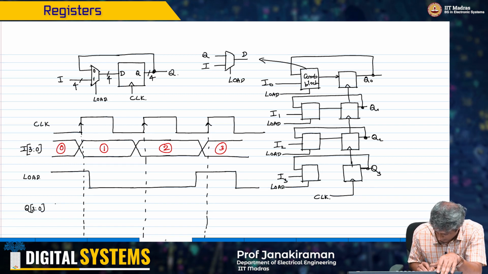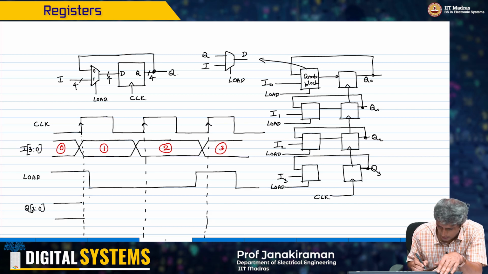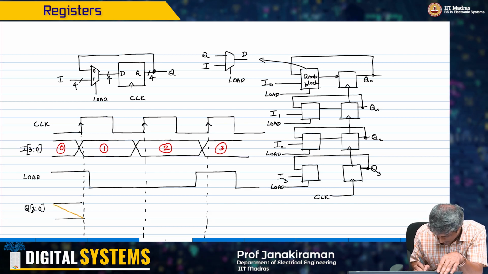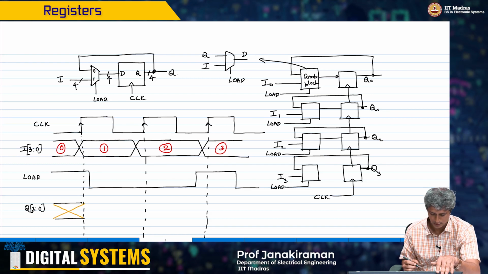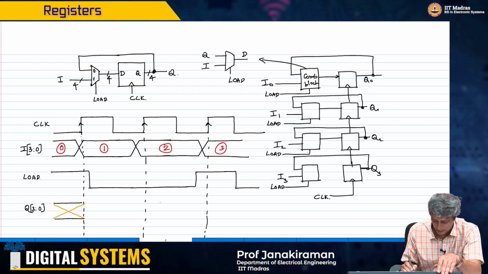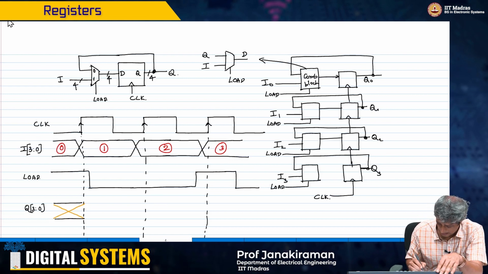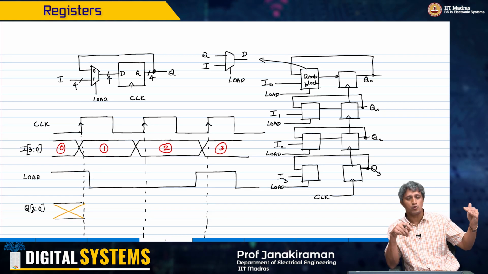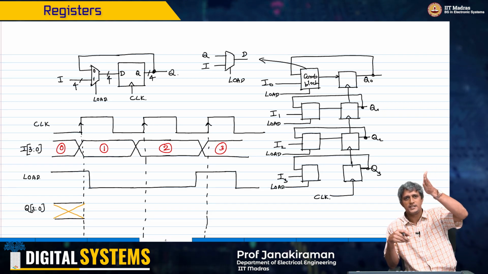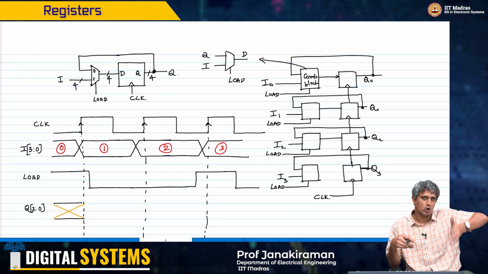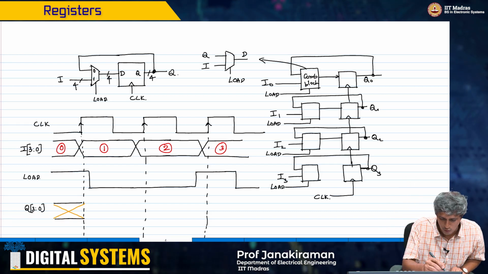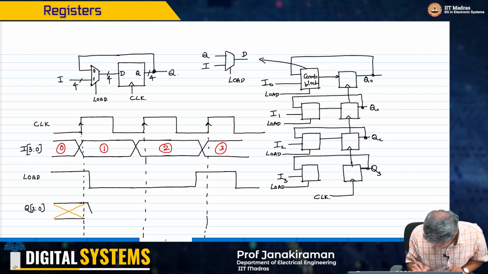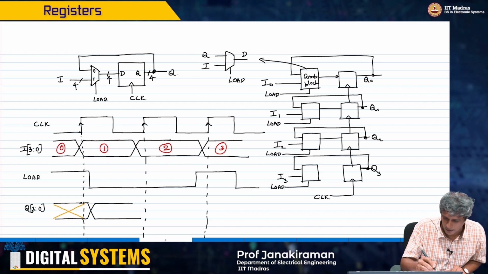We have Q being unknown at this stage, because we do not know what was sampled in the previous clock cycle, right. And then load is high, right? And therefore the input that you apply is going to appear at D0, D1, D2, D3, and when you clock it, that will just appear at the output Q, right? So therefore this will go low. This will go to state 1.